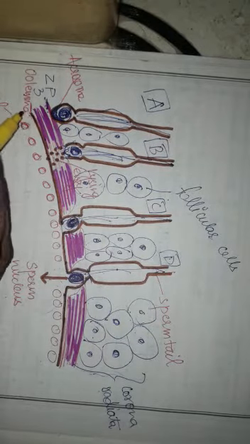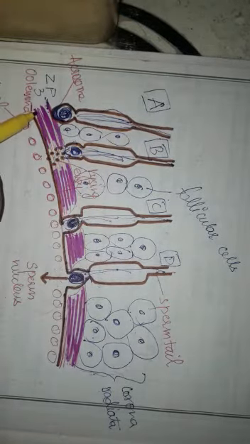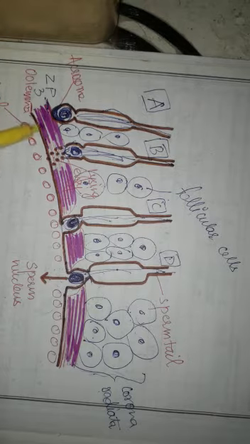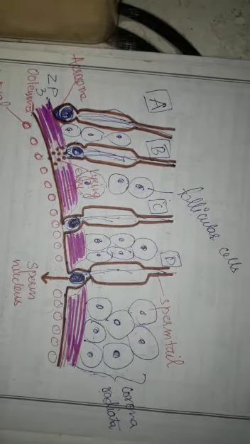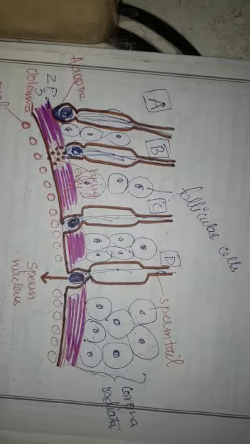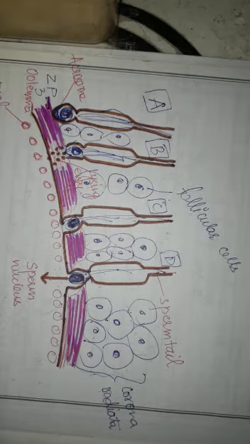And one of the glycoproteins of zona pellucida — there were 3 glycoproteins in zona pellucida, ZP1, ZP2 and ZP3 — out of these 3, ZP3 acts as the sperm receptor and binds to a complementary molecule on the surface of the sperm head.